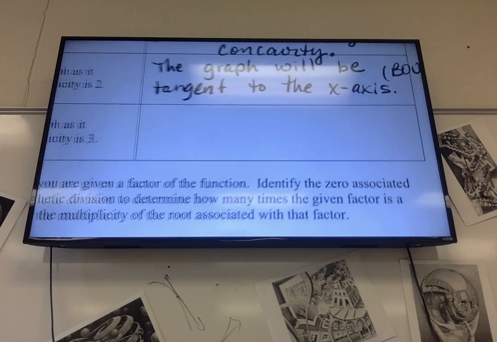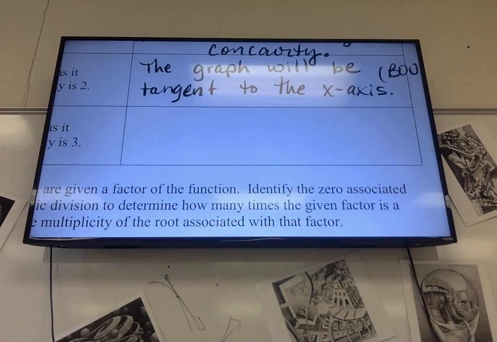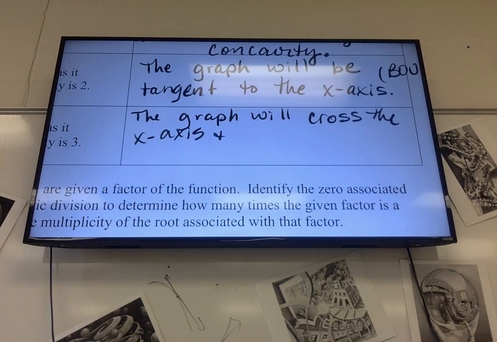And as you can imagine, this is going to help us graph these later. There we go. The graph will cross the x-axis and will change concavity.